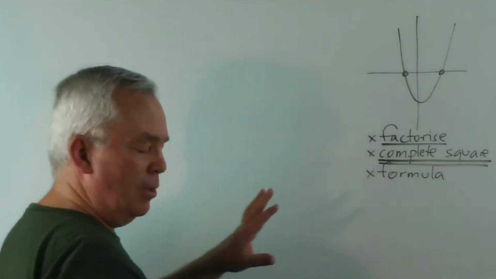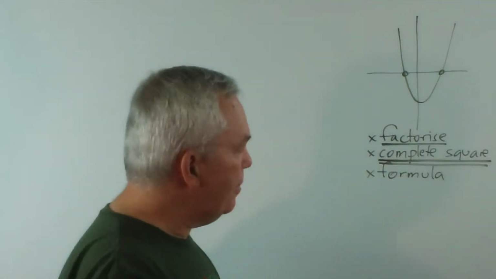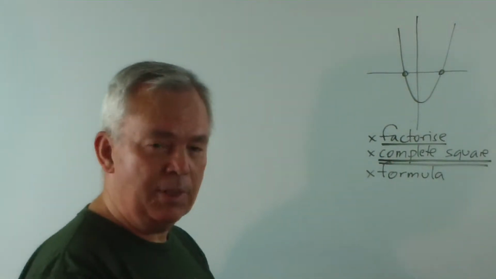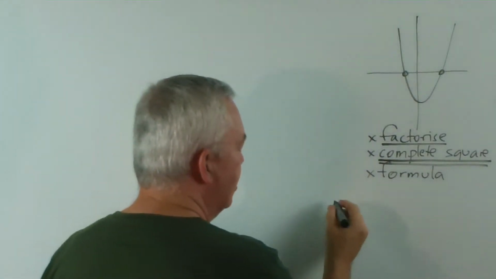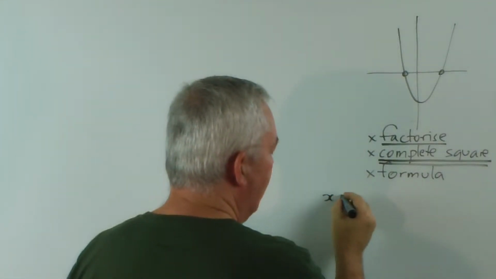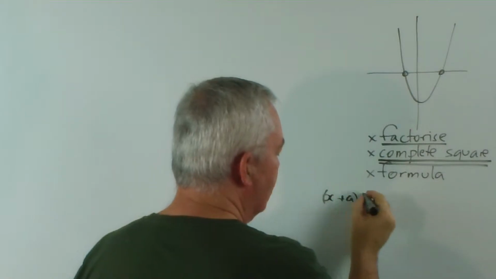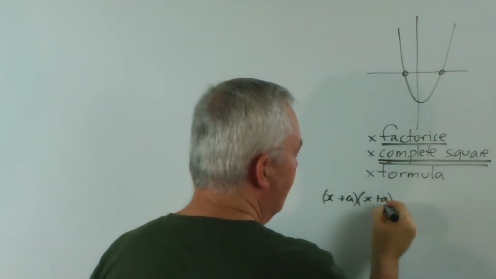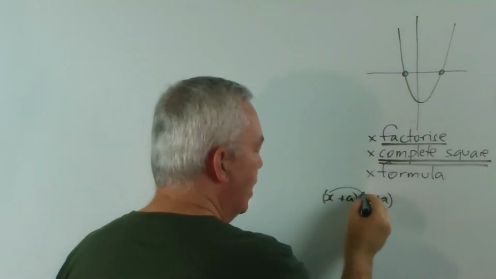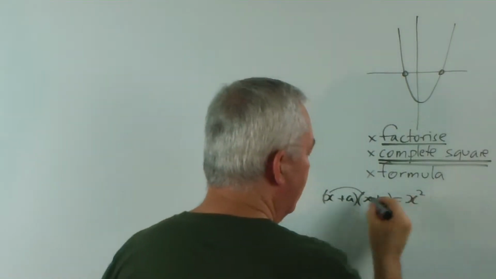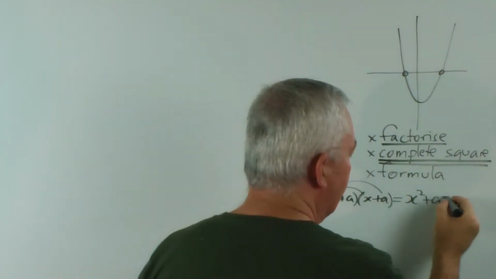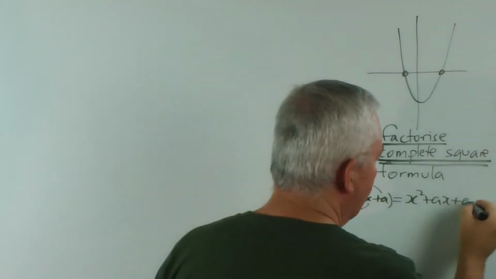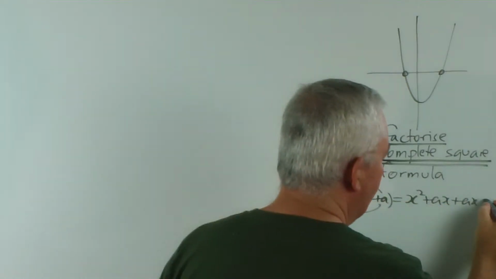Now, I've produced one video already explaining how to do it with very simple cases. And the simple case is this, that if you have a square that looks like x plus a times itself, you realise, of course, you get x times x is x squared, and an ax, and an ax, and a times a, which is a squared.